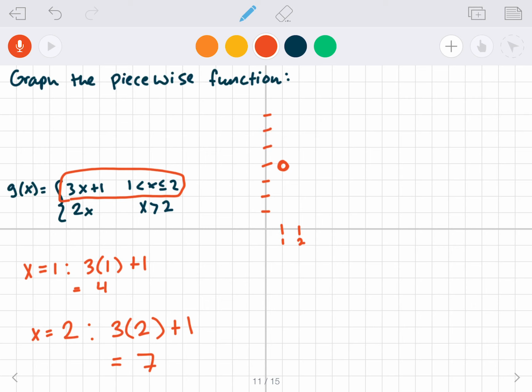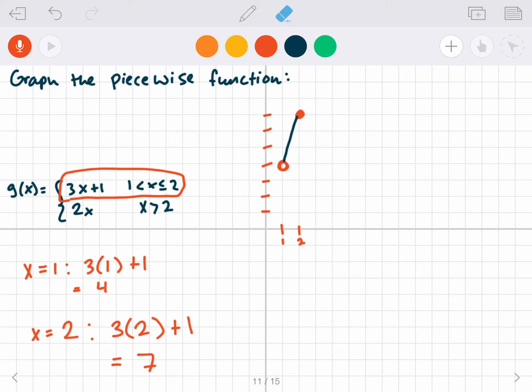So this is 2. And then it's going to be a closed dot because at x equals 2, it's defined, right? X can be less than or equal to 2, but at the same time, greater than 1. So then we just connect the dots, and that's our first line.